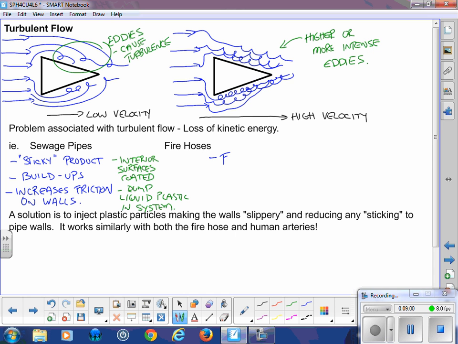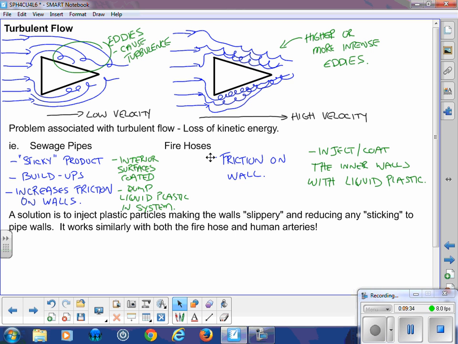So inside that material, there's friction, same as the sewer pipes, different reason though. So again, if you inject or coat the inner walls with liquid plastic or some similar product, there's many out there, you reduce the friction, which allows for fires to be fought at a larger distance because that friction is reduced.